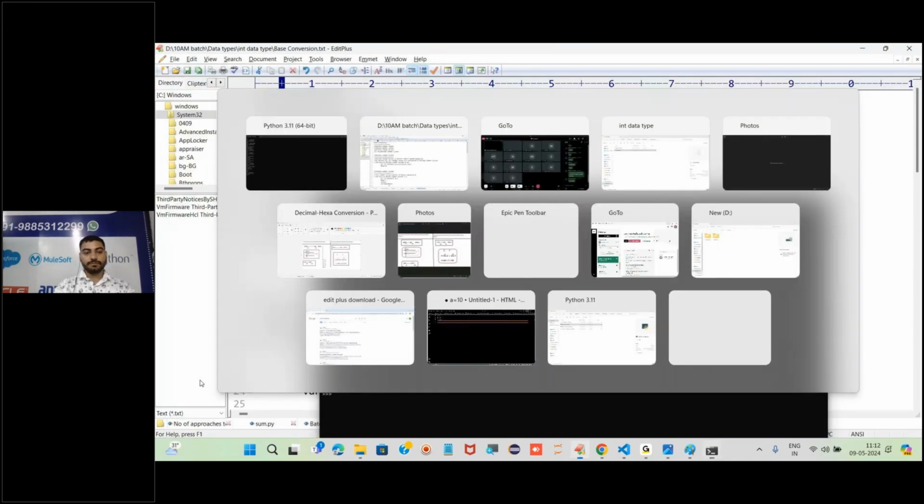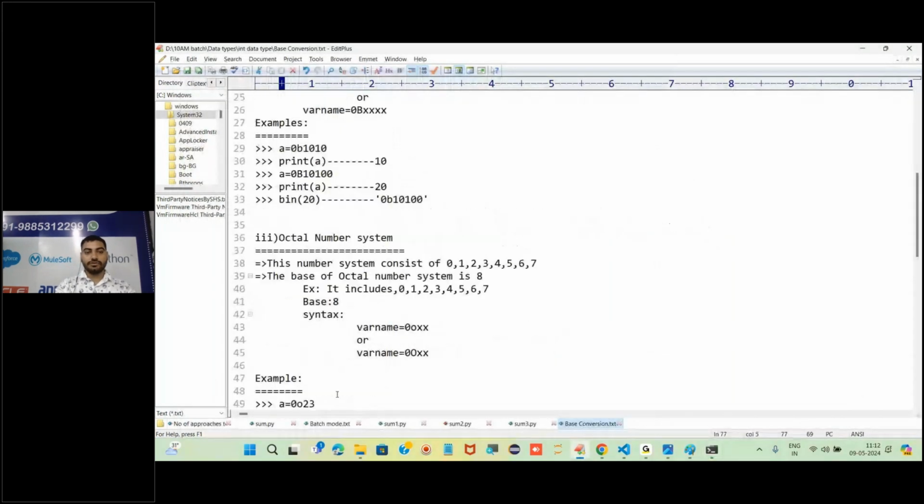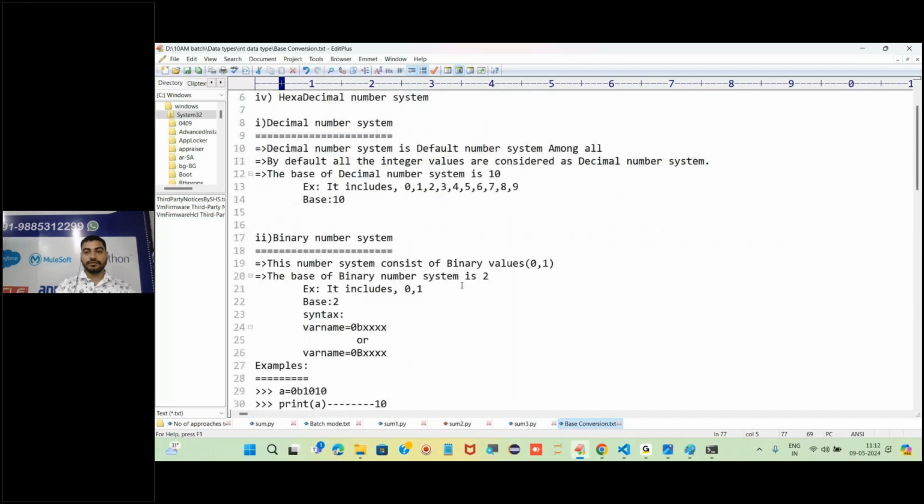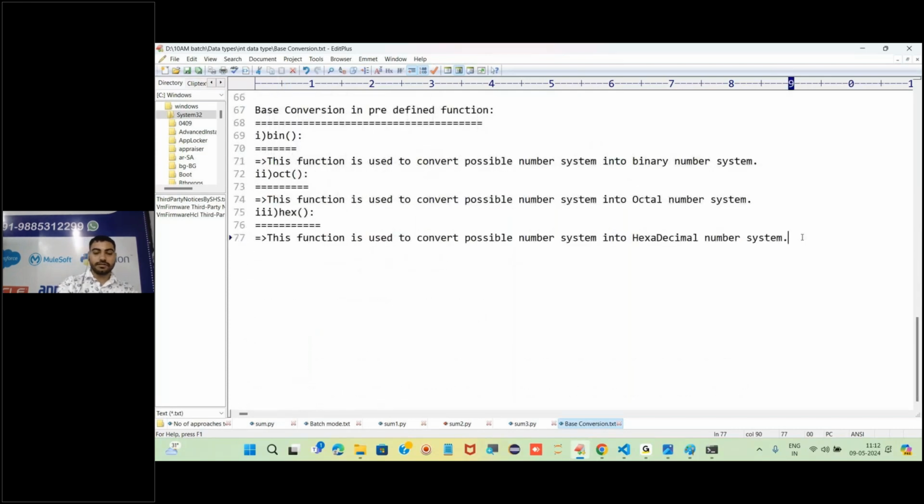Tomorrow we are going to start the topic called float. Float data, which is the second data type. What is the float data type?